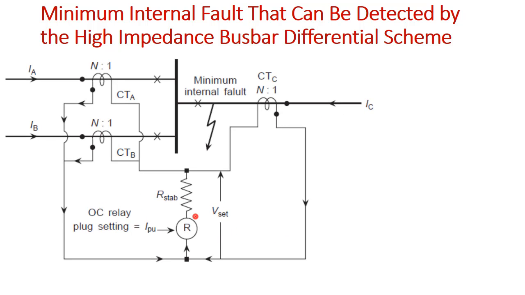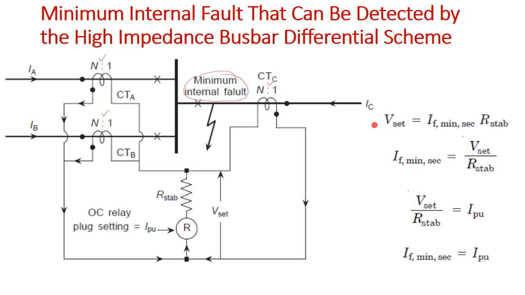So, high impedance differential scheme is this, and the CT ratio chosen is n:1 for all the CTs, right, and we need to find the minimum internal fault current which can be detected by this high impedance differential scheme, right. So, already we know that this V set will be how much?